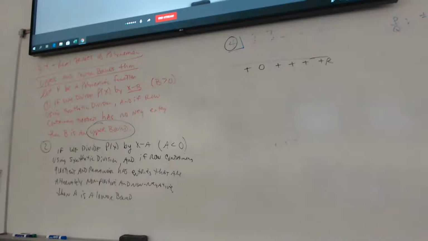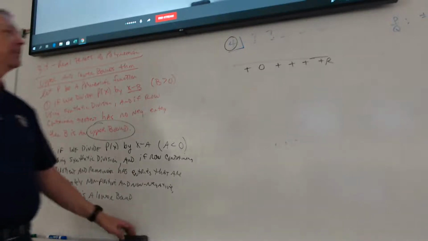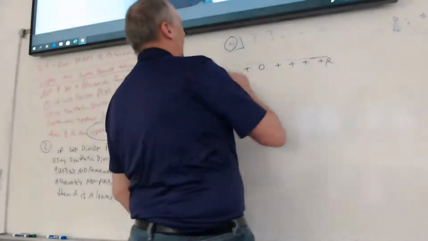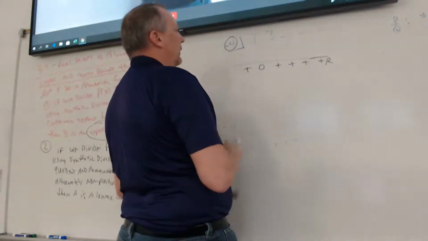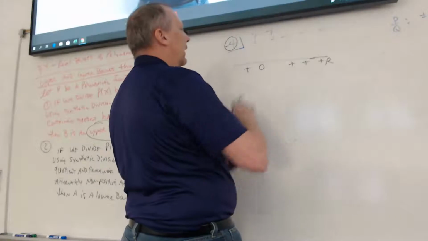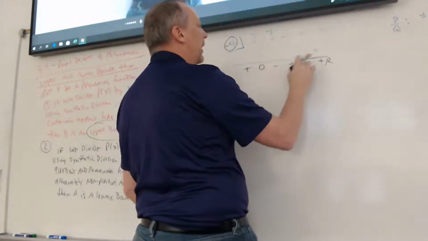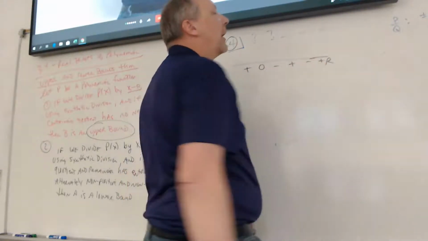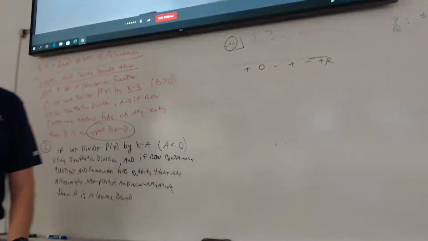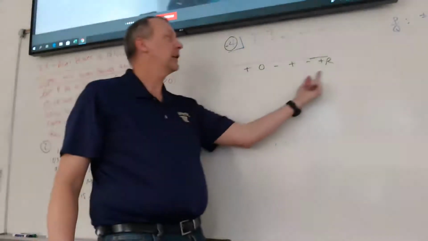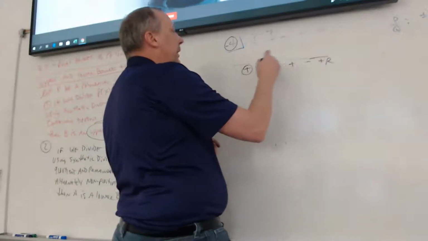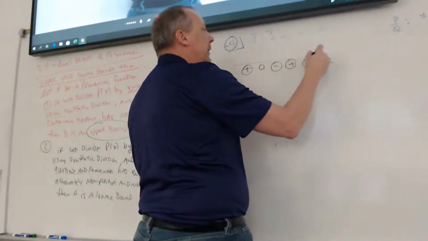All right. So let's do the same sort of example here. This time I'm going to use a -4. Okay? So if I use a -4, let's say that I've got a positive, a 0, a negative, a positive, a negative, a positive remainder. So you can see here my quotient line is alternating positive, negative, positive, negative, positive.